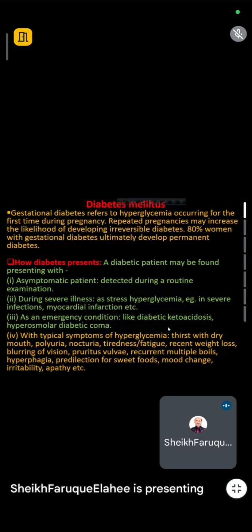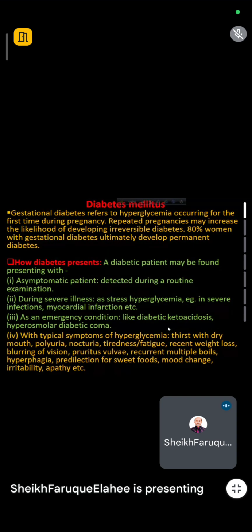If a person says that I lost 10 kilos in 2 months, I tell you there are 4 causes of rapid weight loss in a short time.